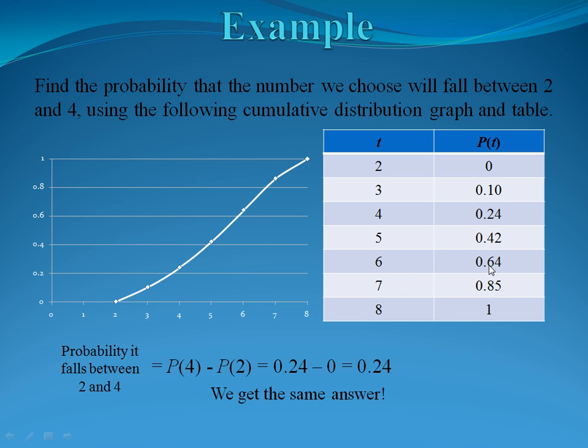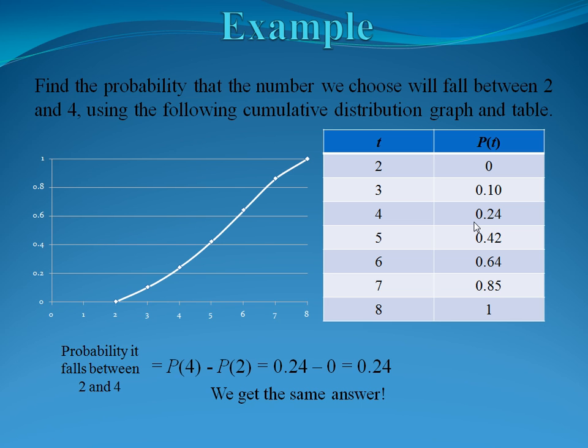Between 2 and 6, 0.64. Between 2 and 7, 0.85. And between 2 and 8 would be 1. What this tells us is that the probability that if we pick a number at random between 2 and 8, it'll be between 2 and 8 is 100%. That makes sense. The probability that the number will fall between 2 and 4 is 24%.